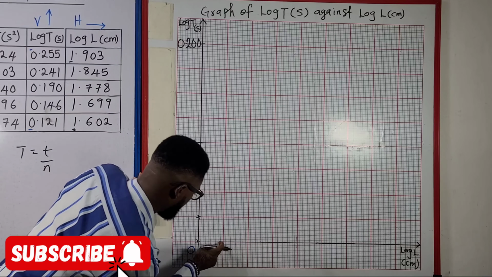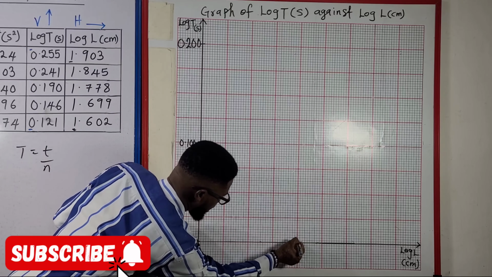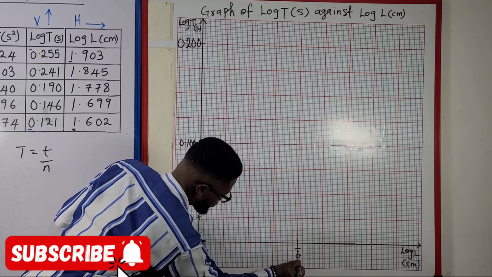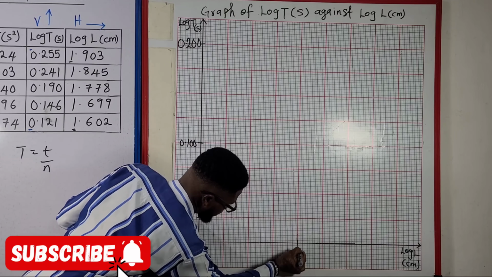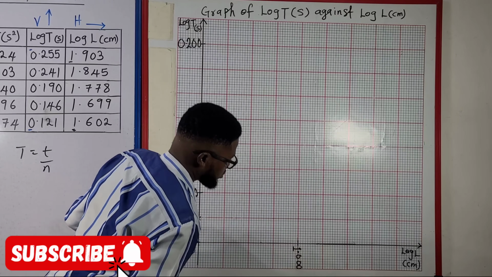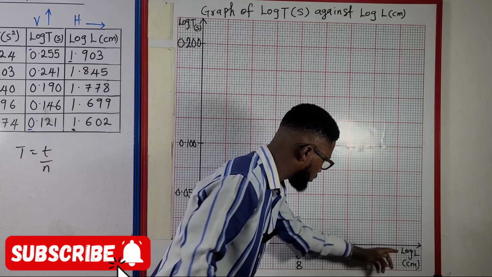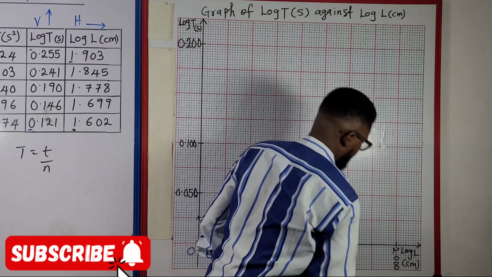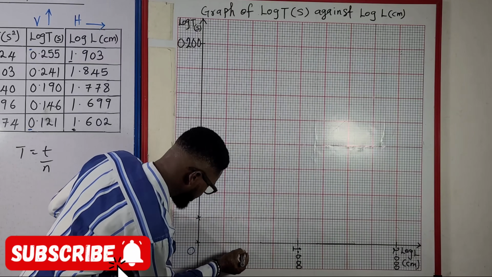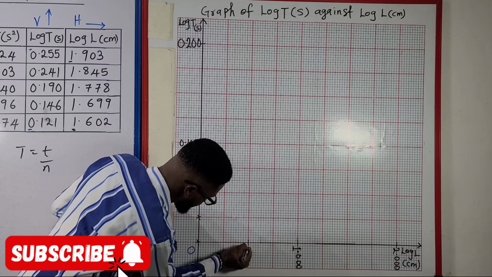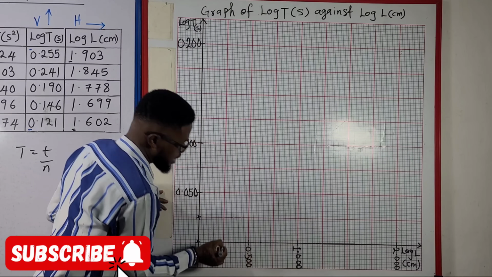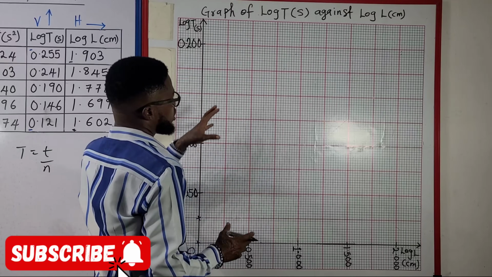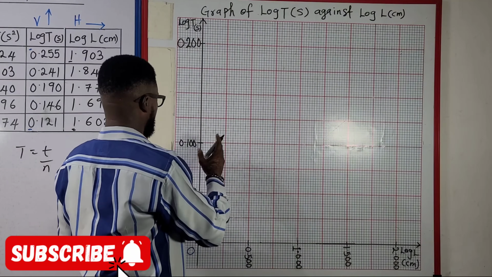Here I'm making this 1.000, three decimal places, and this is going to be 2.000. Further breaking this down, this is going to mean 1.500. I will put down my scale much later.